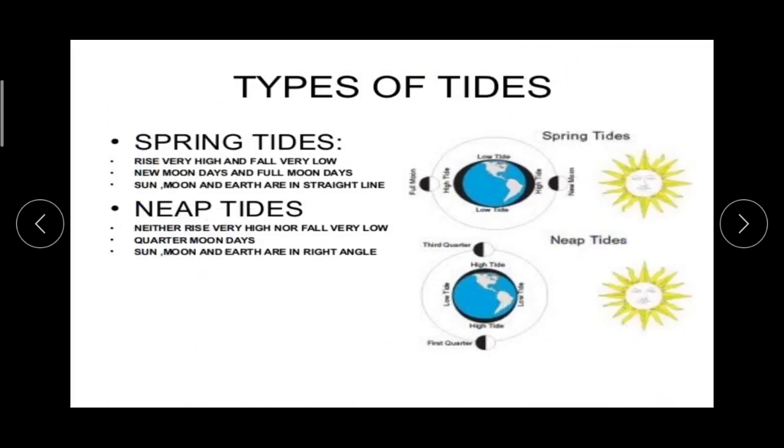Now the next point, types of tides. As the timing of the tide varies every day, the range of a tide also keeps on changing, and the highest high tide occurs on full moon and new moon, whereas on the days of the first and the third quarter the high tide is at its minimum.